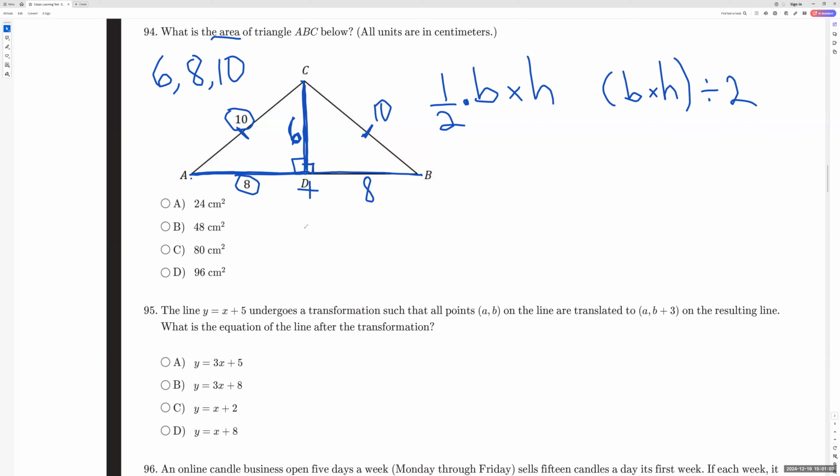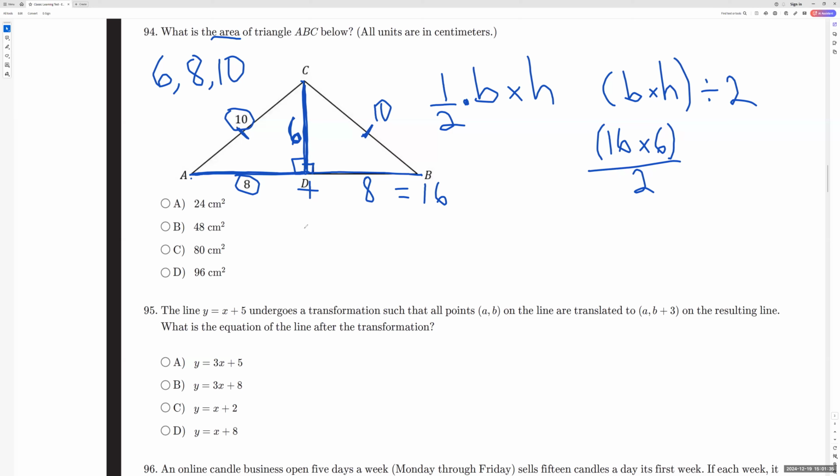So the base is 16. The height is 6, and then divide by 2. The good news is that this can be put as a division of 2, and we can cancel the 6.